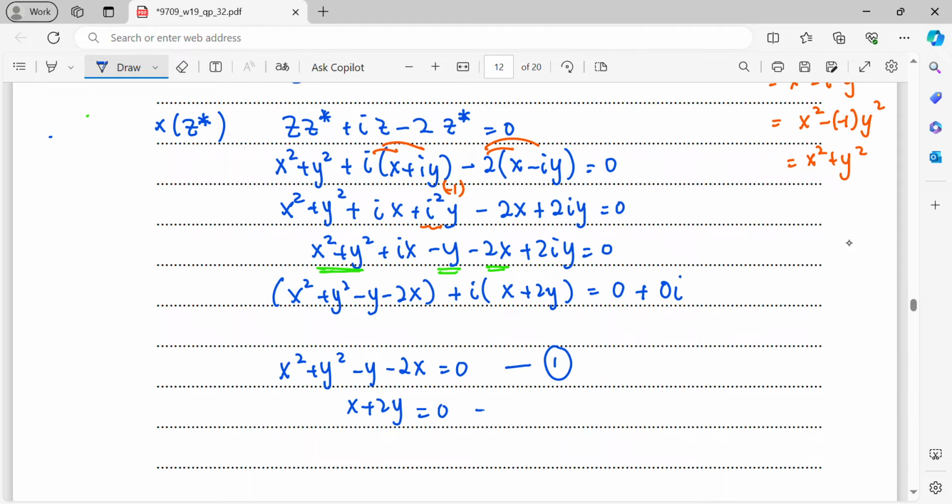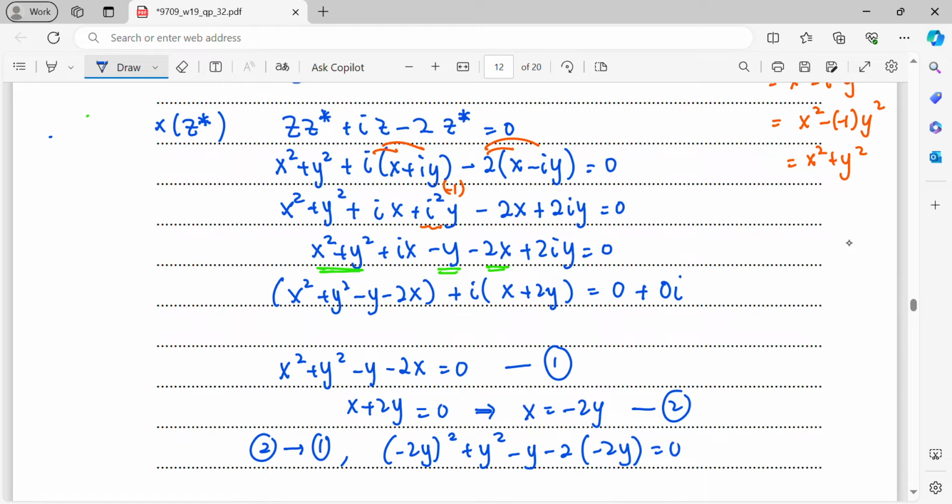Then from here, I can get the x or y as a subject. It's up to you. So my x is negative 2y, and let the x be the subject. So now, substitute the second equation into the first equation, which means my x will be replaced by minus 2y, then you square it, plus y squared minus y minus 2 of the x, which is negative 2y, then equals to 0.